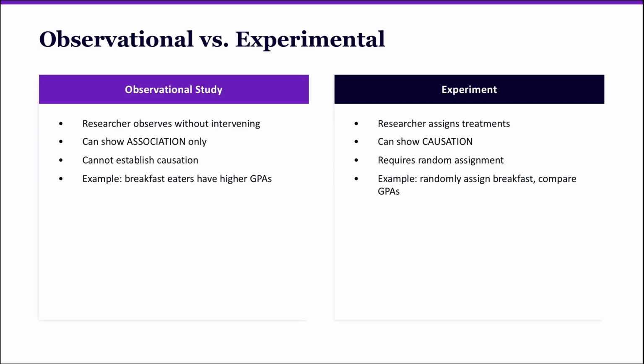And this difference essentially boils down to whether or not the researcher is intervening in the process when they're collecting data or when they're collecting data from a random sample.